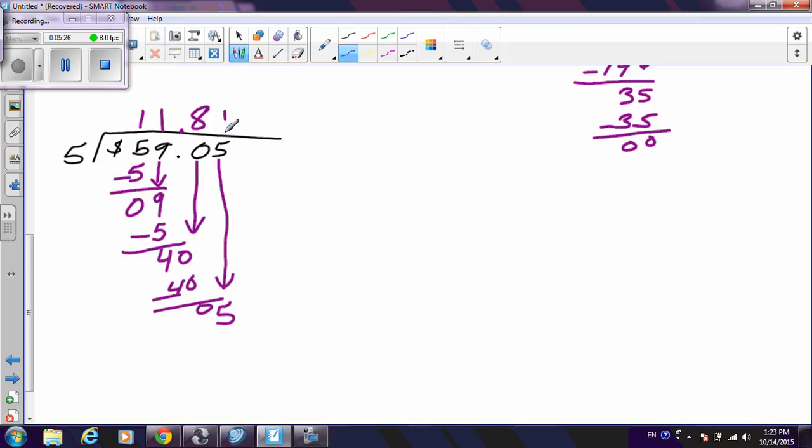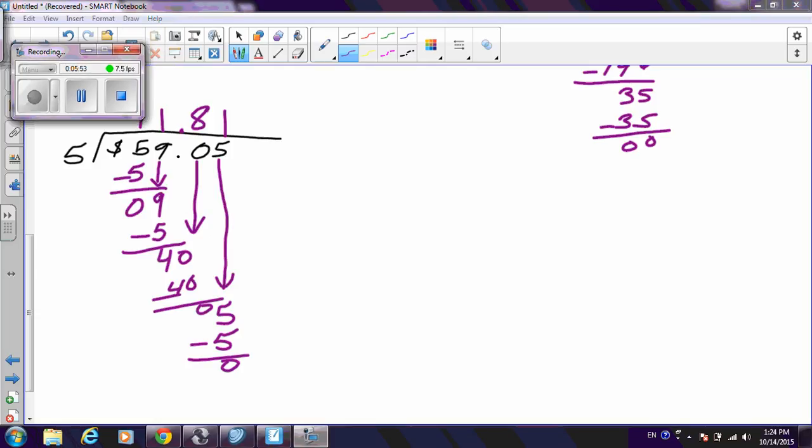It goes in there once. 5 times 1 is 5, which gives us 0. Remember, until you have filled in all of these slots, do not stop. Don't just go and add zeros. You must work everything out. Because this is money, our answer will be written in terms of money. So we have $11.81.